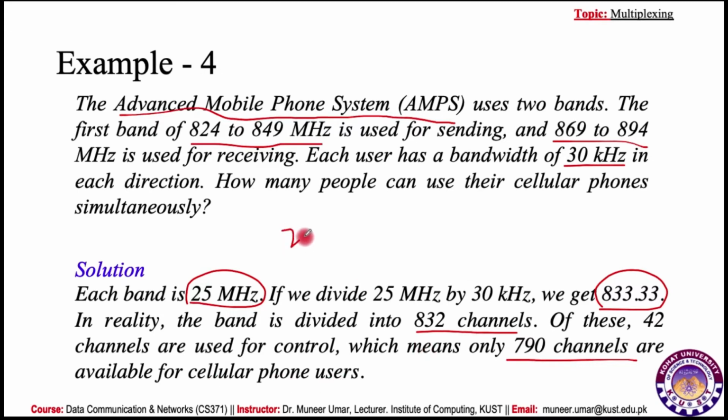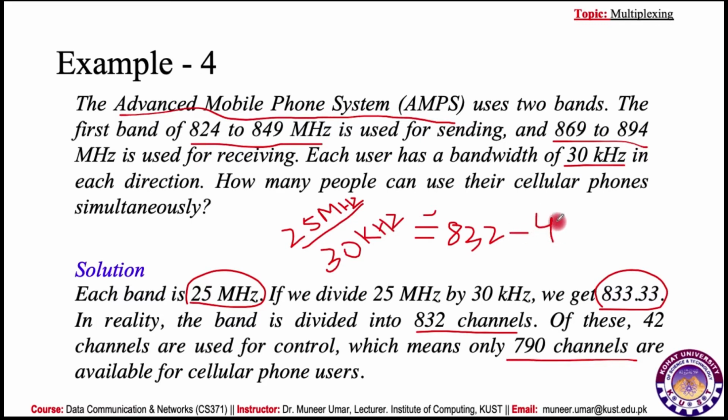So if we divide 25 megahertz by 30 kilohertz, we get 832, and out of this 832, 42 channels are used for control.